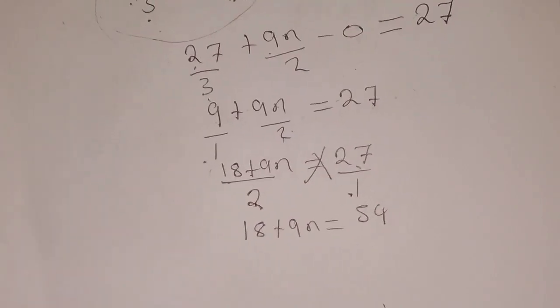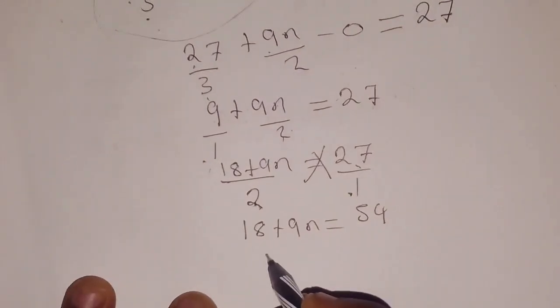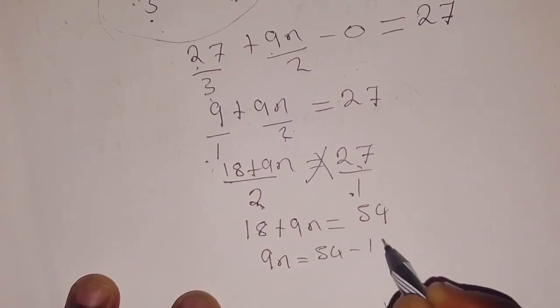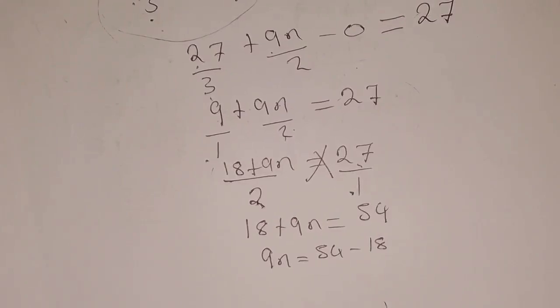After reaching this side, we collect the like terms. So we're going to have 9n is equal to 54 minus 18. 54 minus 18 will give us 36.